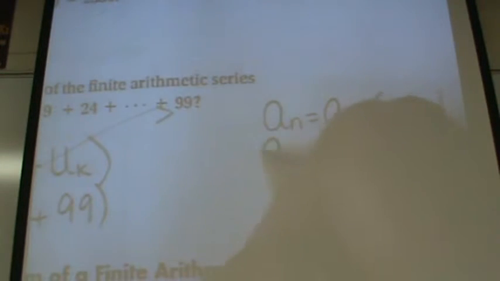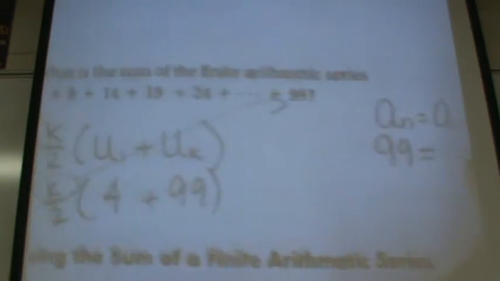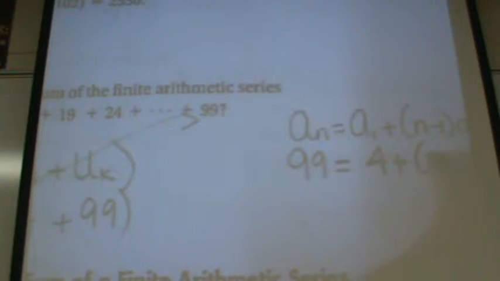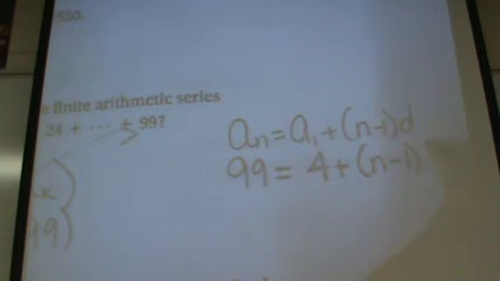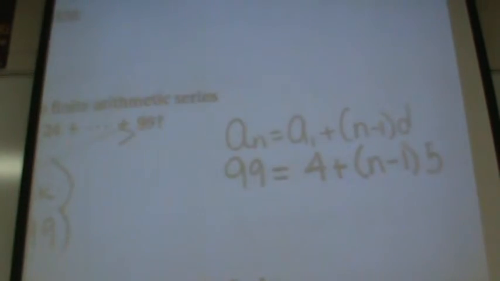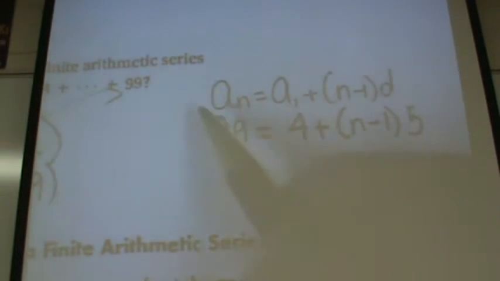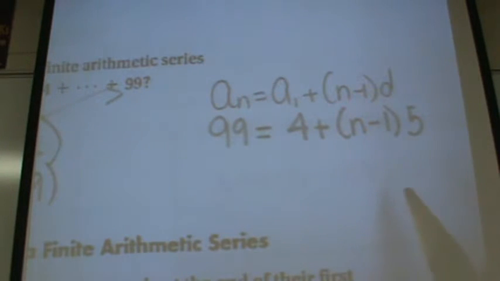So 99 is equal to, our first term is 4. We don't know what term that 99 is, but we'll figure it out. And we're adding 5 to each, so that's what you have. This will tell you what term 99 is, and how many you're actually adding. So we got 5n minus 5.